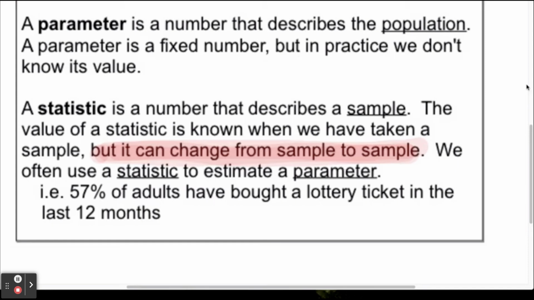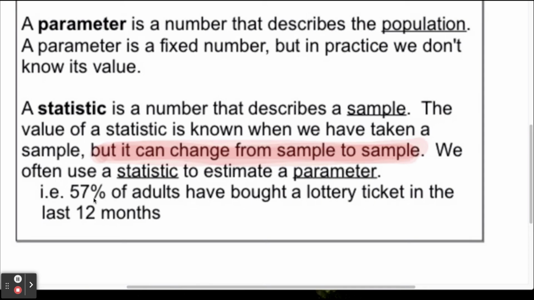What that's saying is that theoretically, if they were to sample 1,523 different people, I think it's pretty likely that they get a different result than 57%. And then they could survey another 1,523 people and get a different result. That's one thing with statistics: statistics can change depending on who is surveyed.